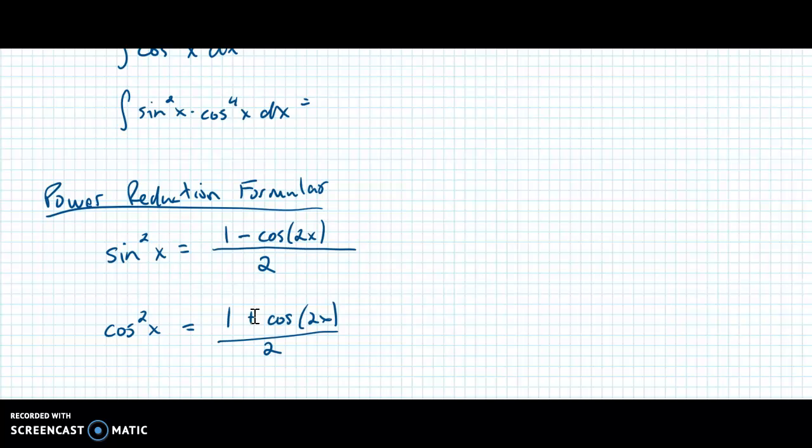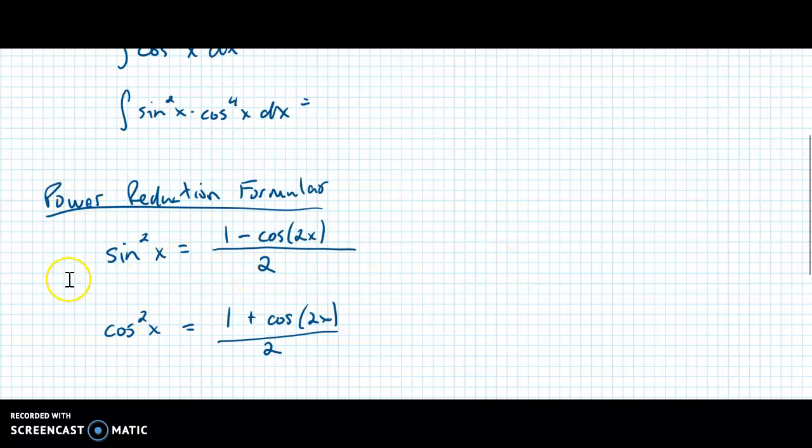Sine goes to negative and cosine goes to positive. So if you can remember the 1, cosine 2x, all over 2, all you have to do is figure out which one's positive and negative. And hopefully that little trick, that it's the opposite from the way a derivative works, is enough to help you remember it.